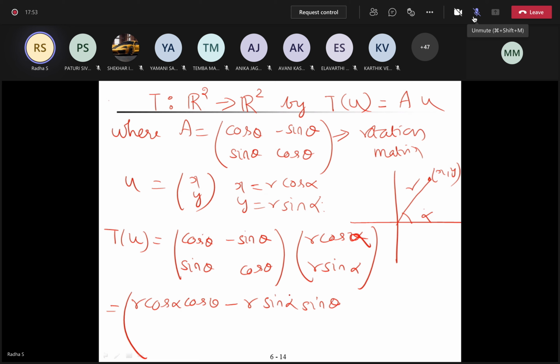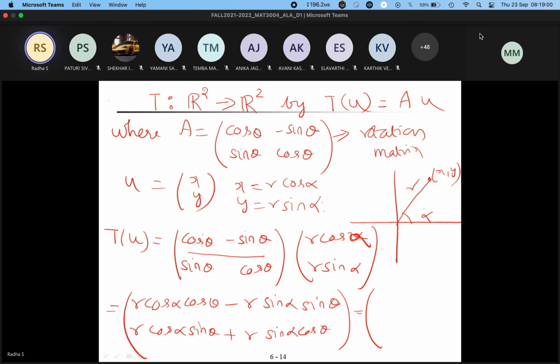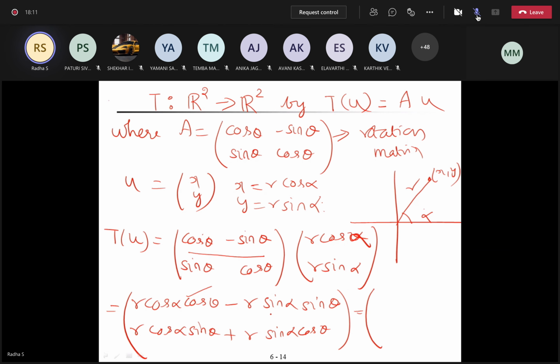Then r cos alpha sin theta plus r sin alpha cos theta. If you take r outside, what is the term on the top?